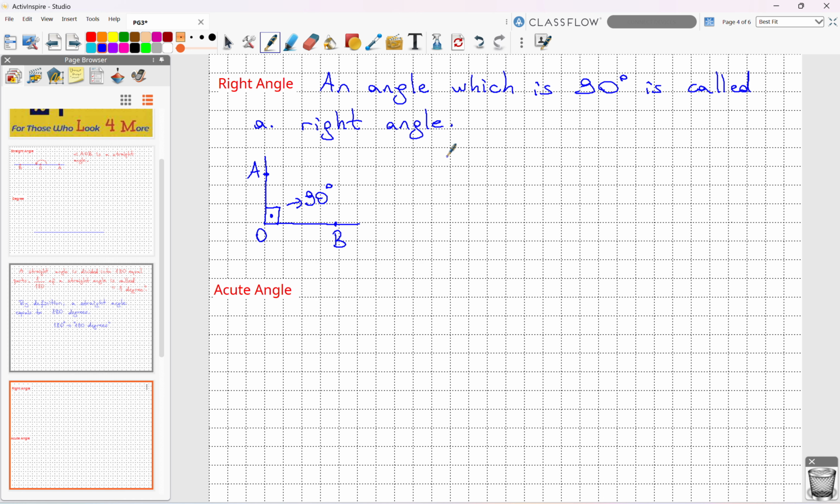In this case, we say that the ray OA and the ray OB are perpendicular to each other.